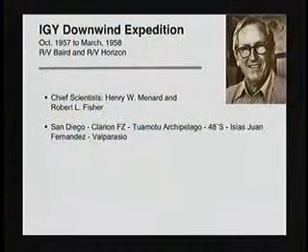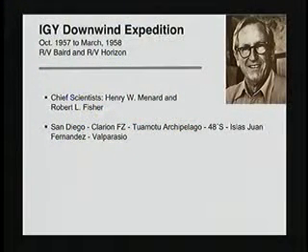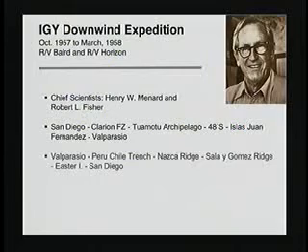Then they went down to the Tuamotus. They got to 48 South. Then they headed back towards South America. That's the first part of the expedition, and I think they spent Christmas here in Valparaiso. Then from Valparaiso, they went back up the Peru-Chile Trench, explored the Nazca Ridge, the Sala y Gomez Ridge, Easter Island, and then back to San Diego.